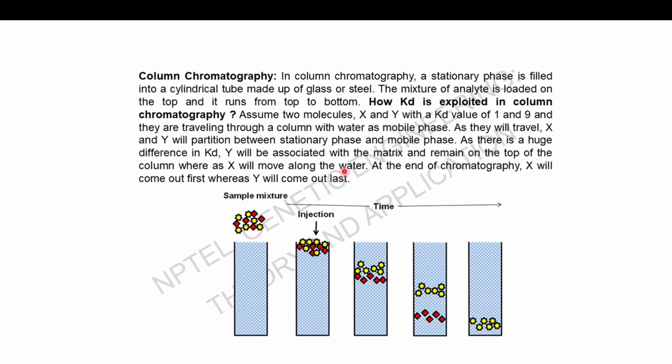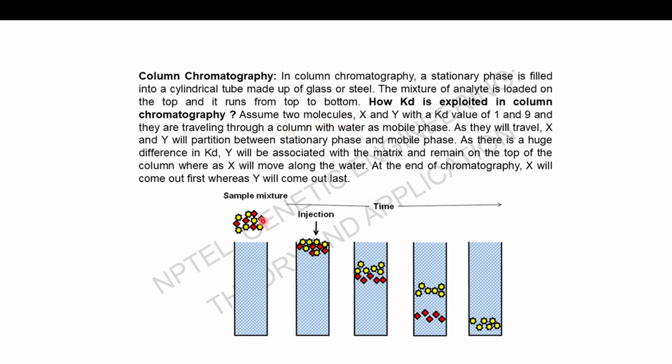This sample mixture is loaded on the top, and based on the porosity of the matrix as well as the size of the molecules in the sample mixture, it will eventually get separated, and the separated molecules can be collected separately so as to get your product of interest.